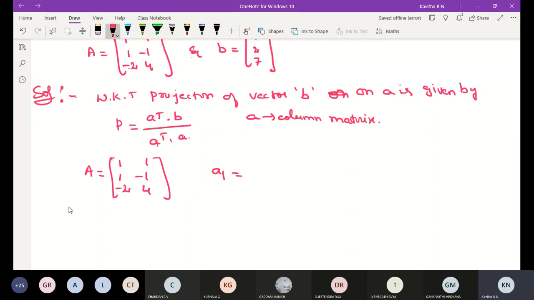Here A1 is equal to 1, 1 minus 2 and A2 is equal to 1 minus 1, 4.